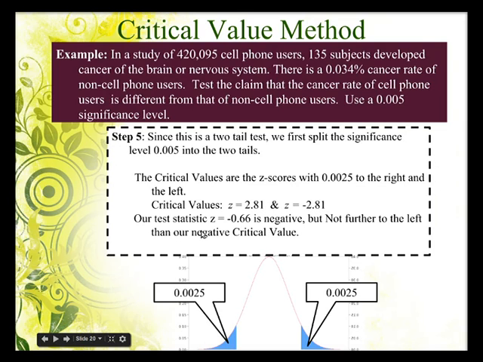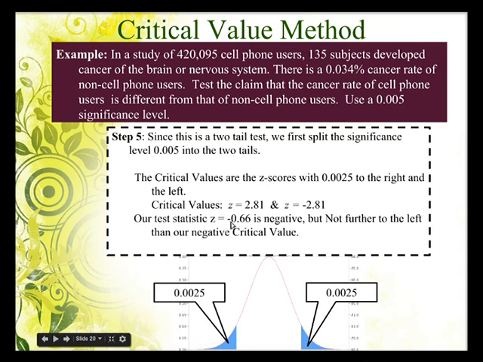So our test statistic, negative 0.66, is not in the critical region because it doesn't fall farther to the left than negative 2.81. So let me say that again. Because this is a negative test statistic, I want to compare it to my negative critical value. If it's further to the left than my negative critical value, then it's in the critical region.